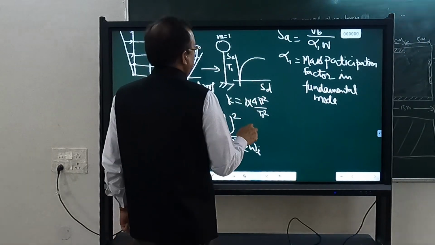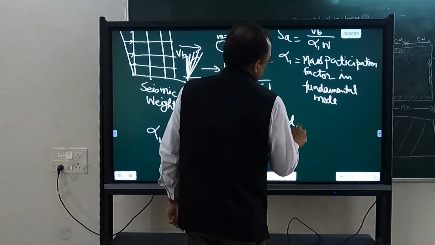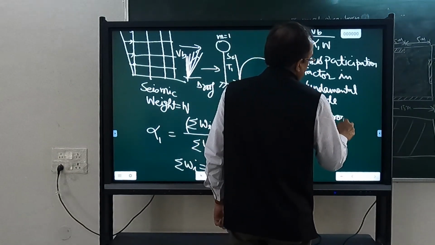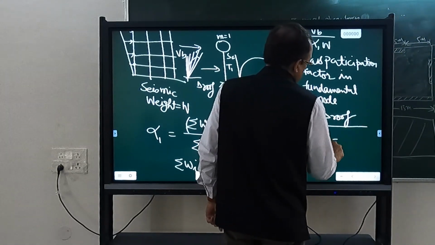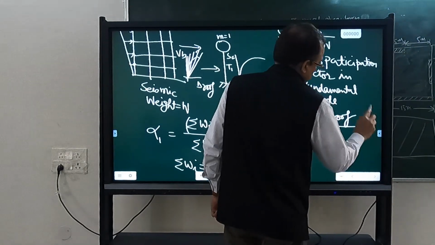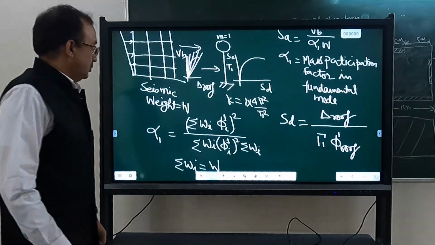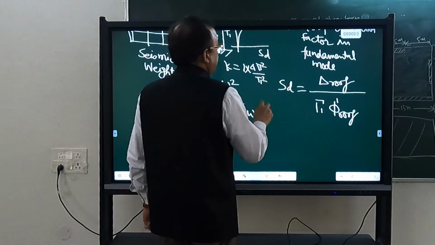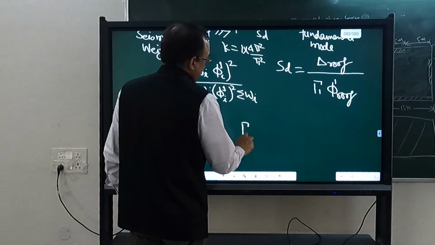So SA you can calculate like this, and SD you can calculate from the roof displacement, delta roof divided by gamma 1 into phi 1 at roof. This is the mode shape which you have used to develop the capacity curve. So delta roof you understand, and what is gamma 1?